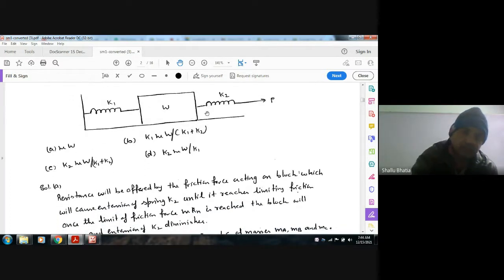This opposite force will be provided by the friction of the block. Once it exceeds the limiting friction, the block will start moving in this direction. So the maximum force borne by the spring will be the frictional force between the block and the surface. So the answer should be A.